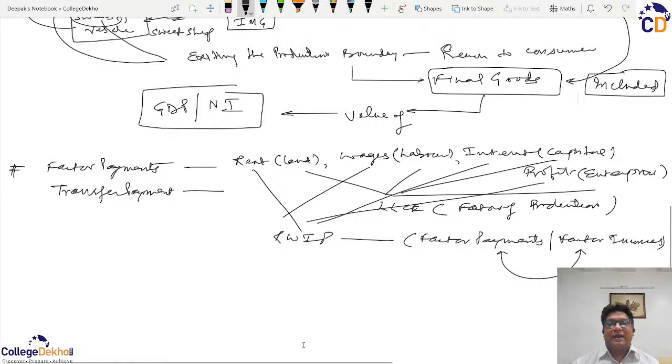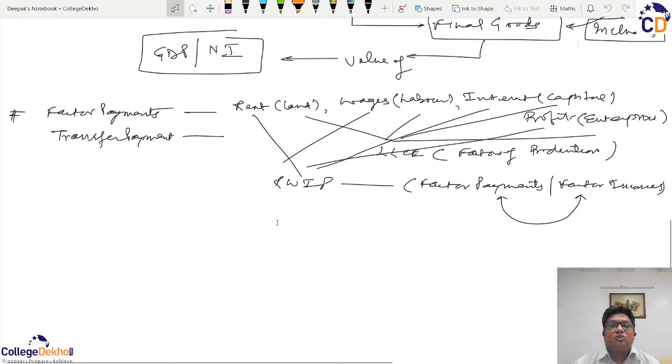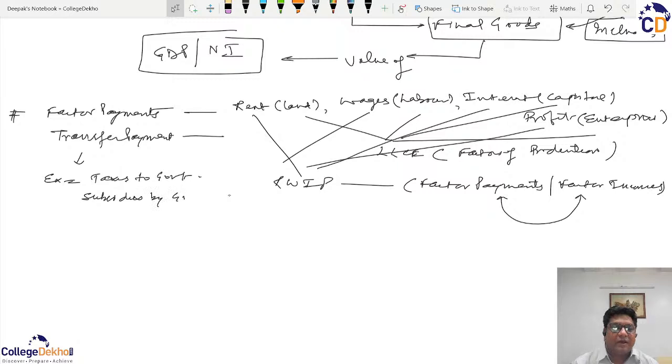And therefore any other payment which has been transacted between two parties is not to be taken as factor payment. For example, when we pay taxes to the government, or when the government gives us subsidies, okay?